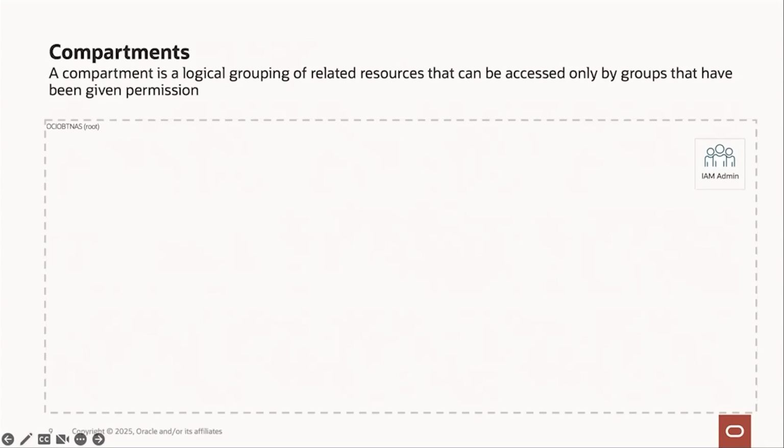Common uses of compartments include budgeting and quota boundaries, which is a really important one. Also, access control boundaries, making sure that only the correct people have the correct access. Customer isolation boundary is another one, and also cost boundary.